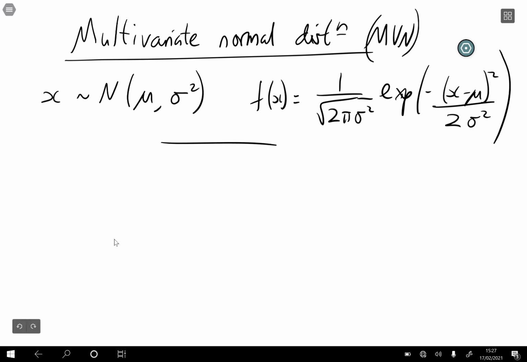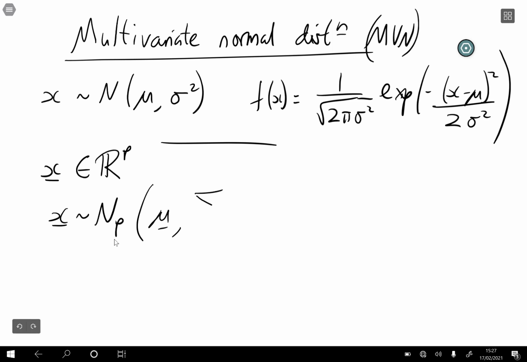So the multivariate normal is similar. Now, instead of having a scalar quantity, we've got a vector quantity. So let's suppose x is in R^p. We'll write x has a multivariate normal distribution, and we'll put a subscript p on here to indicate it's p dimensions. Instead of a scalar mean, it has a vector mean, and instead of a scalar variance sigma squared, it has a variance matrix, which I'll usually call capital Sigma.